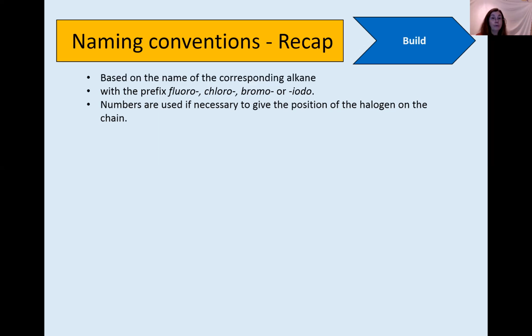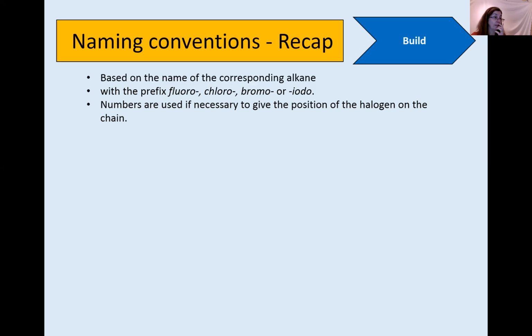Then we count up what number carbon the halogen is on, and we try and make it the smallest number possible. So we count from the shortest end of the chain, so that the halogen comes with the lowest number. So it'd be substituted on carbon 2 or 3 rather than carbon 7 and 8 at the other end.